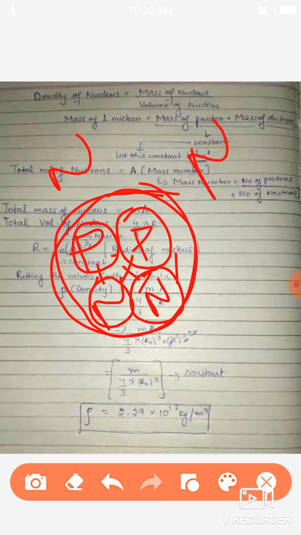Okay, so by this method we can get the volume and the mass of nucleus. Now how can we define the density? The density is nothing but mass upon volume.